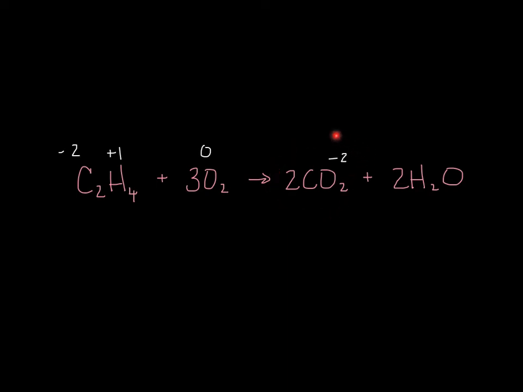Over here our oxygen is going to have a different oxidation number because it's bonded to a different element, a carbon. So -2 times 2 is -4. So for this compound to have an overall neutral charge, my carbon must have a +4 charge. Over here, once again, my oxygen has a -2 oxidation number, and since I have 2 hydrogens, each of the hydrogens must have a +1.